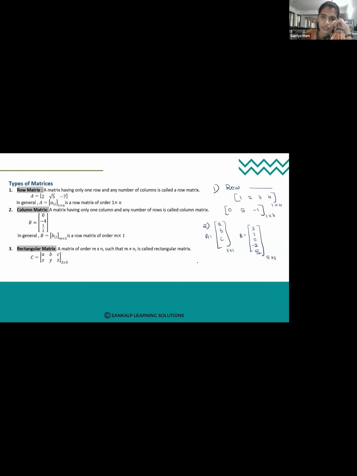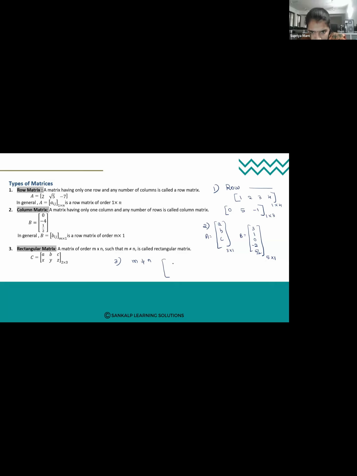Next, third one. Rectangular matrix. A matrix of order m by n, where number of rows is not equal to number of columns, is called rectangular matrix. Matrix with m number of rows, n number of columns, where m and n are not equal, is called a rectangular matrix.